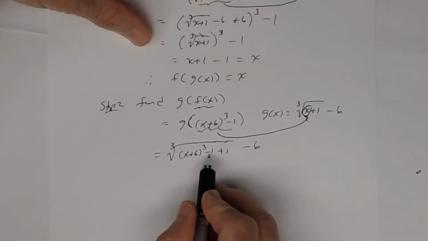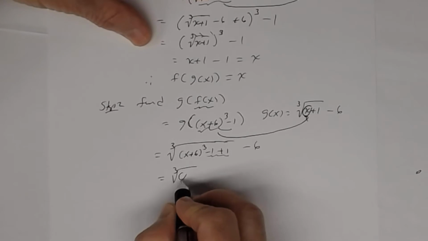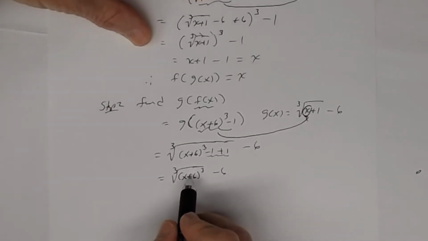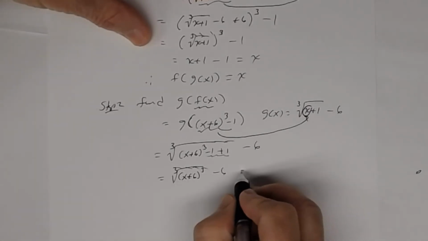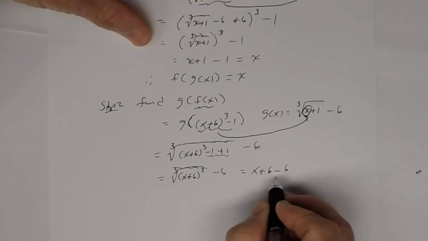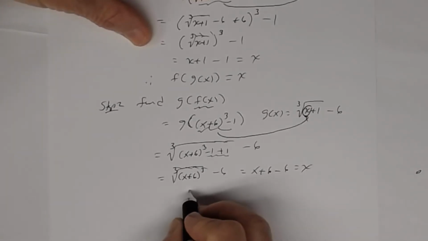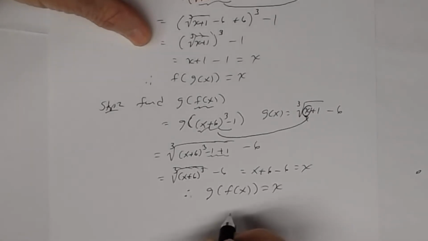Now, combining like terms, the negative 1 plus 1 is 0, so this becomes the cube root of x plus 6 cubed, minus 6. But remember, the cube root and the cube undo each other, so you get x plus 6 minus 6, and 6 and a negative 6 is 0, so you just get x. So therefore, g of f of x is equal to x.